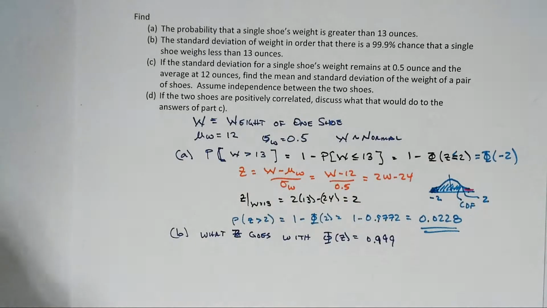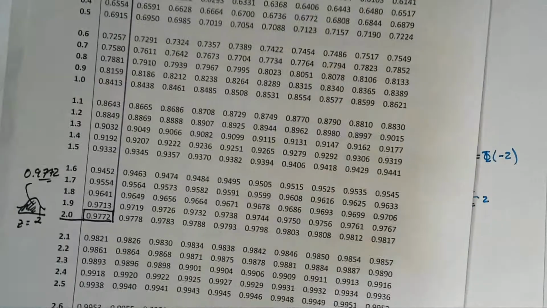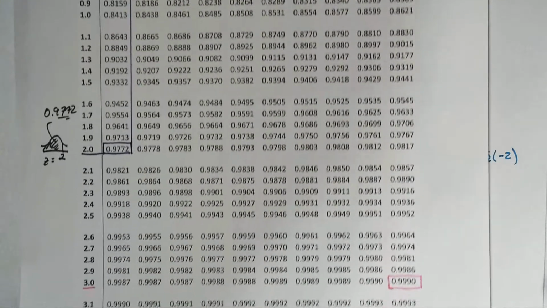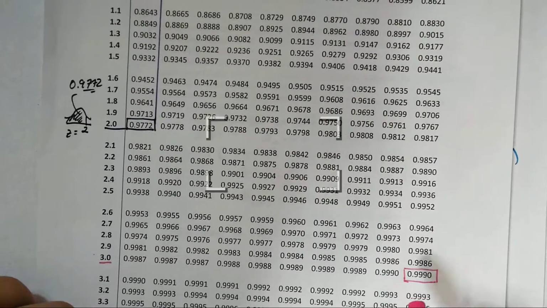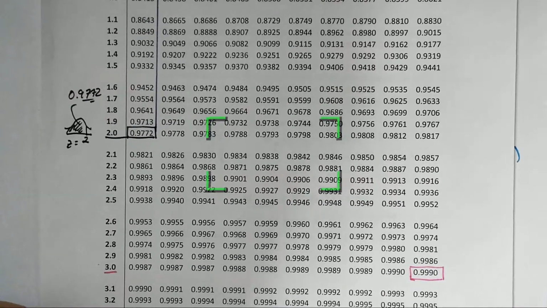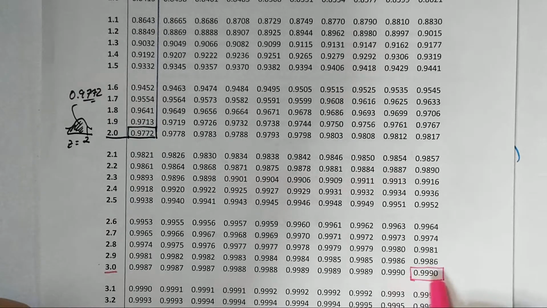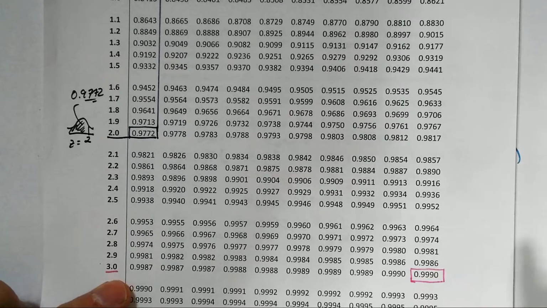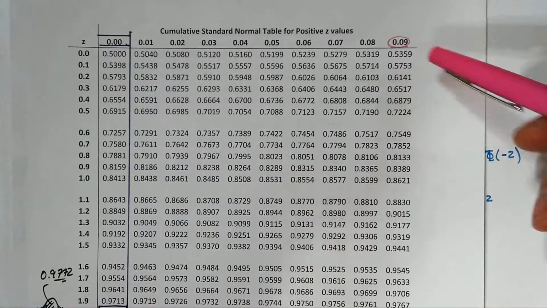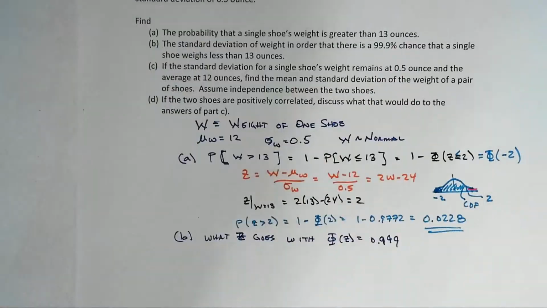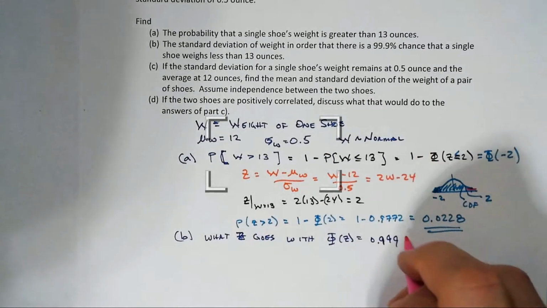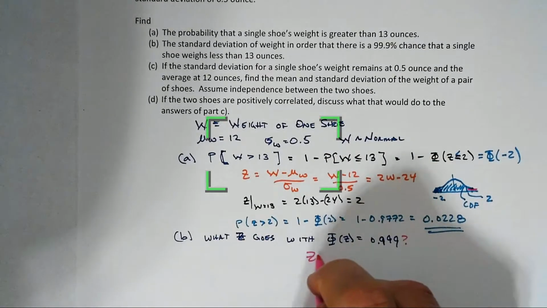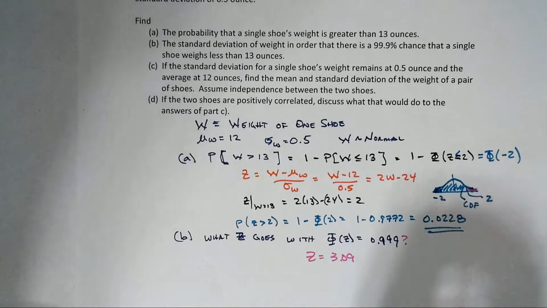And there, when you look that one up in the table, although there's a couple of different places that you could end up, you've got a 0.999 here, a 0.999 there, 0.9990 on the next one. Then there's obviously a fifth digit at work here. This one's in the middle, so I choose 3.0 in this last column, which is 0.09. So we want z equal to 3.09.